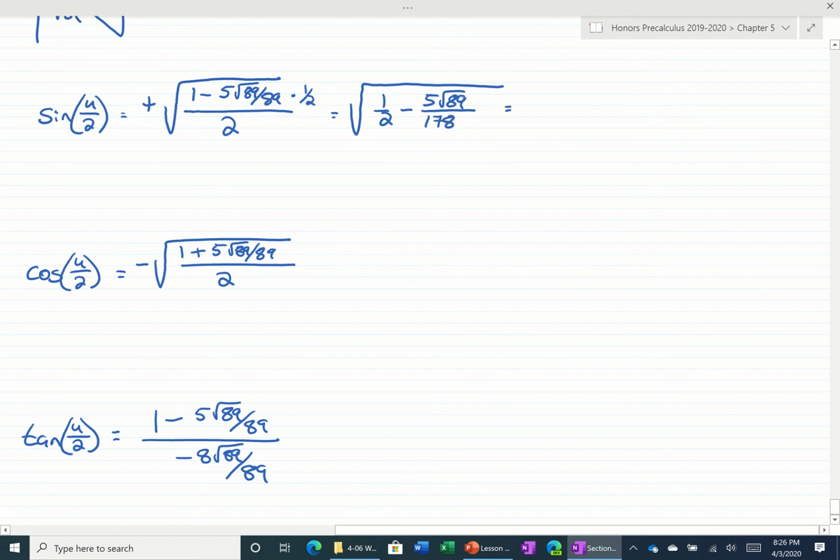If I combine these fractions, I'd have to multiply this by 89 over 89. This would be the square root of 89 minus 5 root 89 all over the square root of 178. We'd have to multiply the top and bottom by the square root of 178 to clean things up.